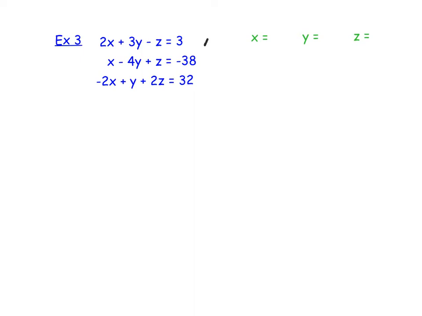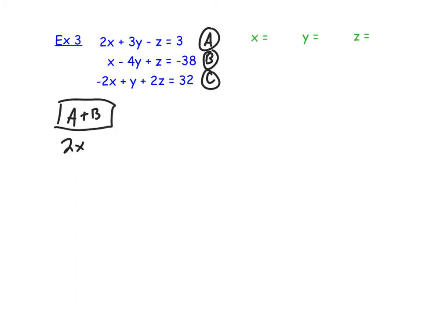So let's do this. I'm going to label these A, B, and C again so we can all make sure we're on the same page. And if I do A plus B, I'm going to write that down. 2x plus 3y minus z equals 3. And then x minus 4y plus z equals negative 38.